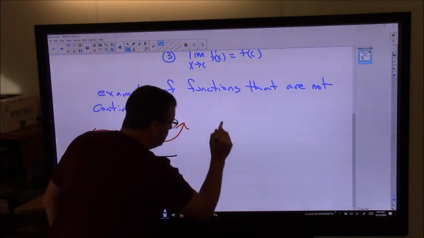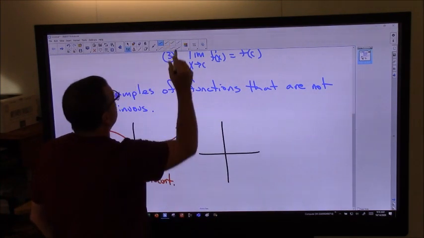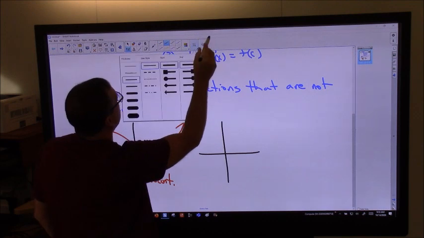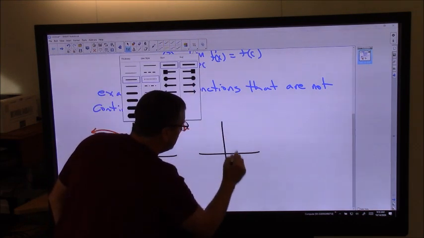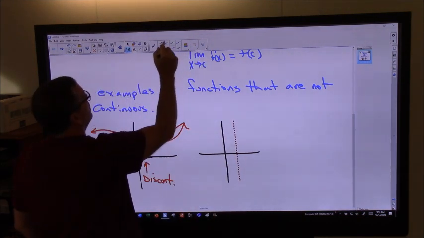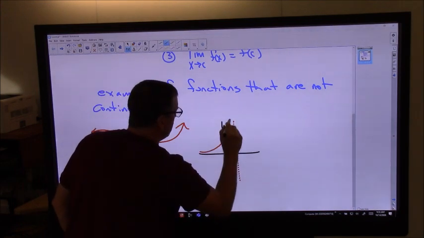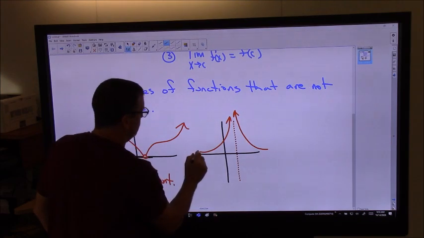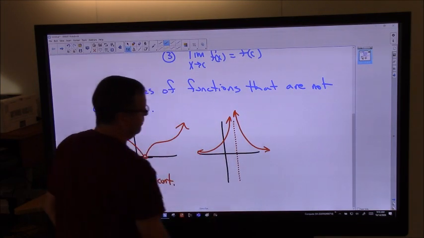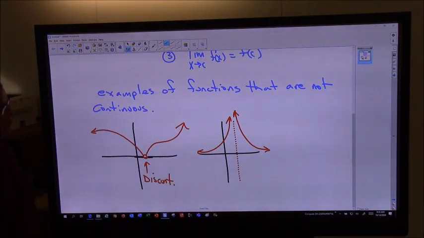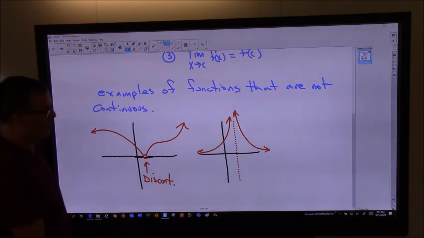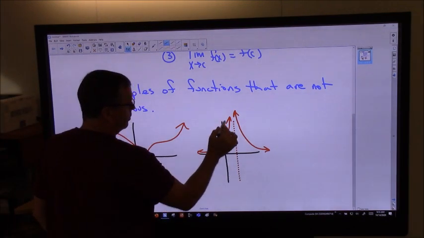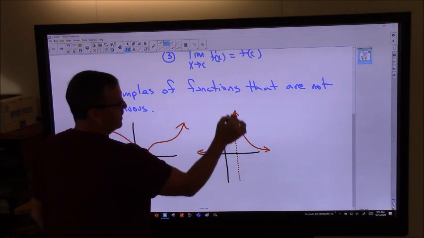Here's another example. There's my asymptote, and I've got a function that goes like this, and on this side it goes like this. And this function would not be continuous because these two curves would never connect up here.